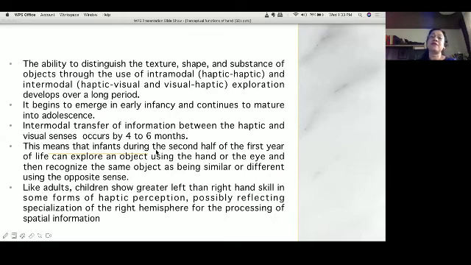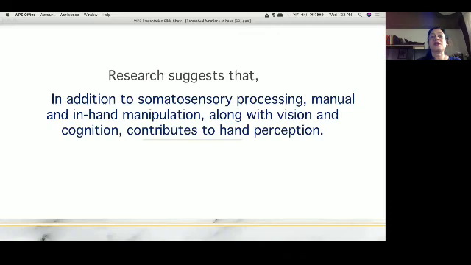This means that infants during the second half of the first year of life can explore an object using the hand or the eye and then recognize the same object as being similar or different using a different sense. Like adults, children show greater left than right hand skills in some forms of haptic perception, possibly reflecting the specialization of the right hemisphere for processing of spatial information.